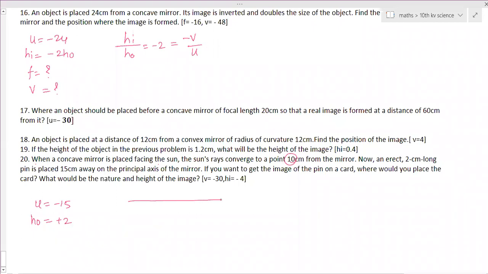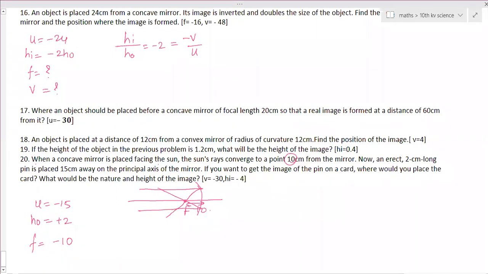The rays which are coming parallel to the principal axis pass through the focus after reflection. So the image is formed at focus. All the rays are converging at focus and this distance is 10 centimeter. So the focal length is 10 centimeter. The first line is given to explain the value of focal length.